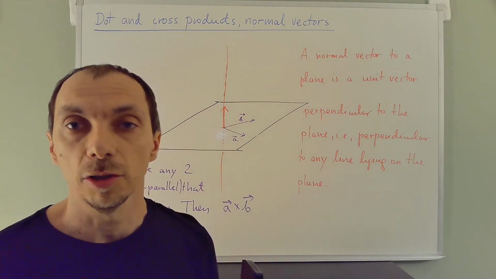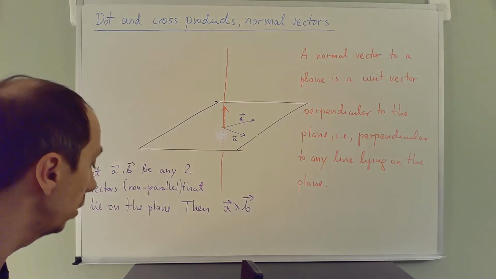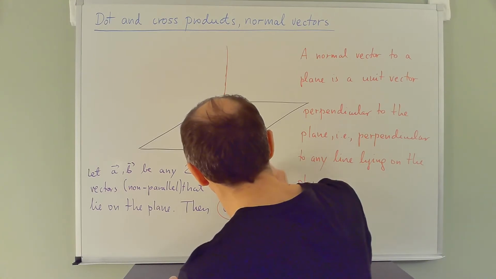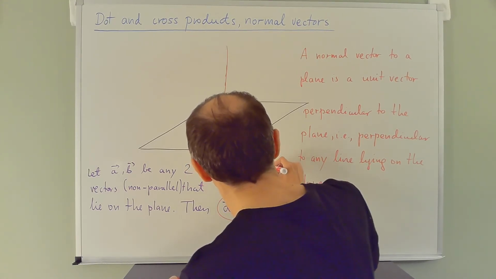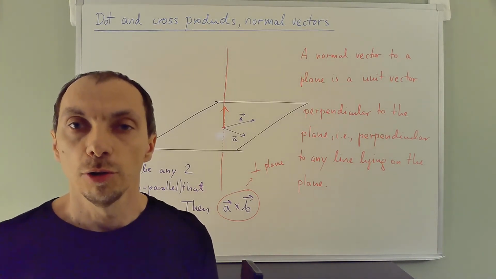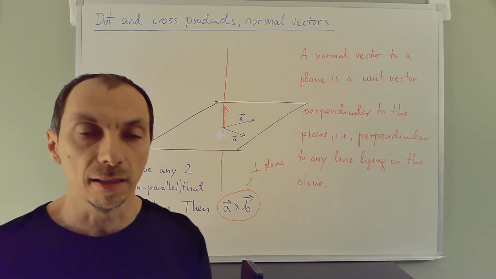So this vector is definitely perpendicular to the plane. So is it a normal vector? Well, I don't know if it's a unit vector. I don't know what its length is.